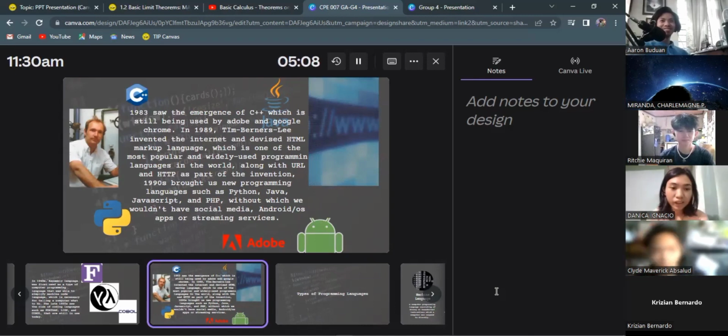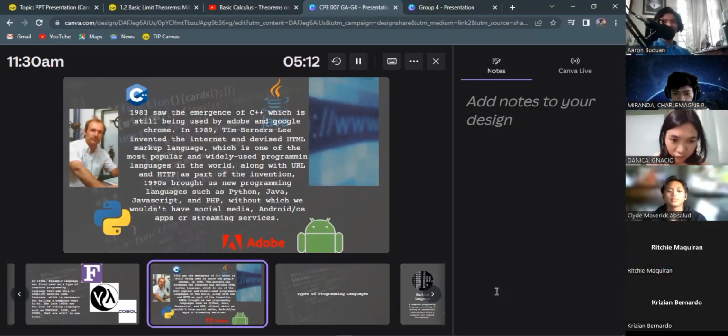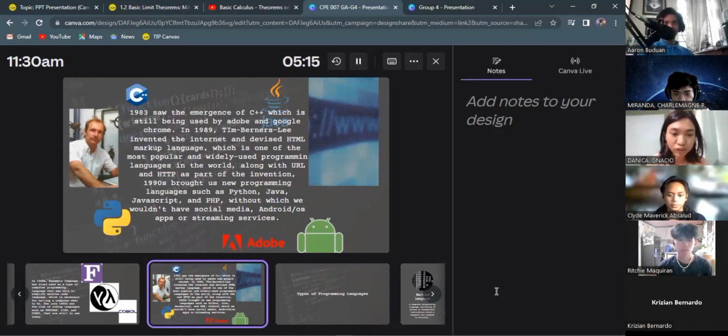In 1983 saw the emergence of C++, which is still being used by Adobe and Google Chrome. In 1989, Tim Berners-Lee invented the Internet and devised the HTML markup language, which is one of the most popular and widely used programming languages in the world, along with URL and HTTP as part of the invention.